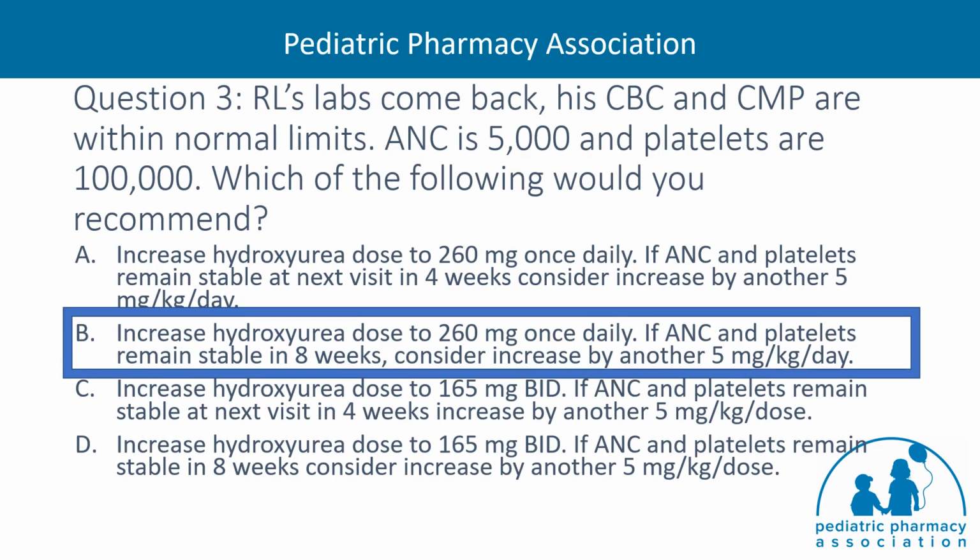Great. The correct answer here is B. So we want to increase his hydroxyurea dose to 260 milligrams once daily. We'll recheck his ANC and platelets at that time, and if they remain stable in approximately 8 weeks, we'll consider another increase by about 5 milligrams per kilogram per day.